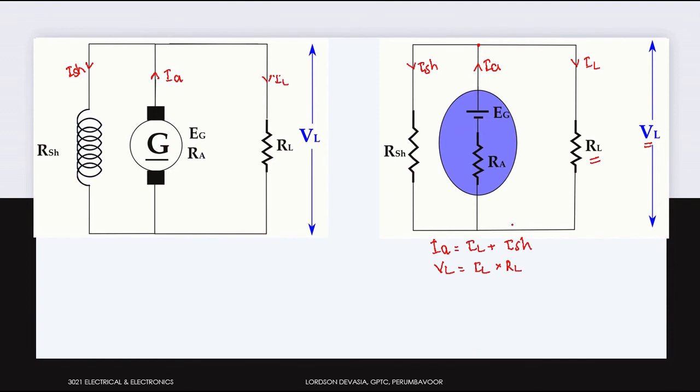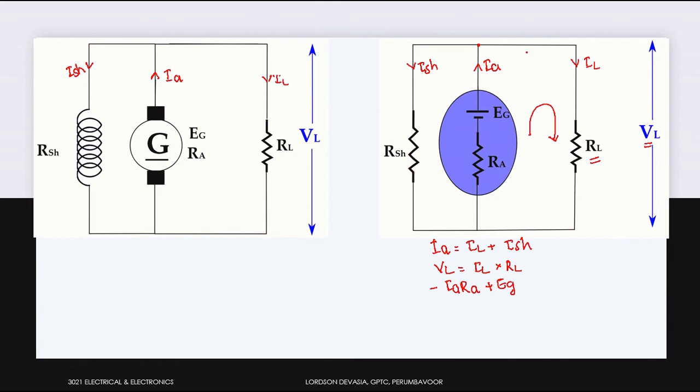Then writing the equation in the loop, starting from RA, the current through RA is IA, so it is a drop, minus IA RA. Then there is a voltage, so plus EG, the generator voltage.